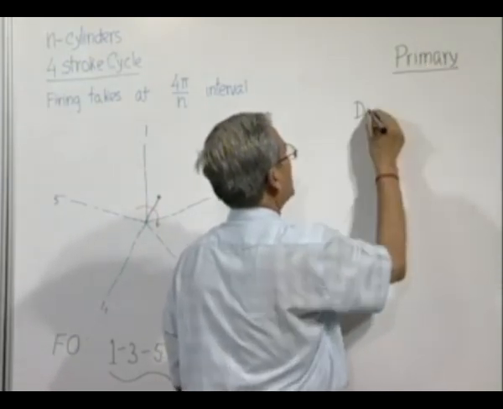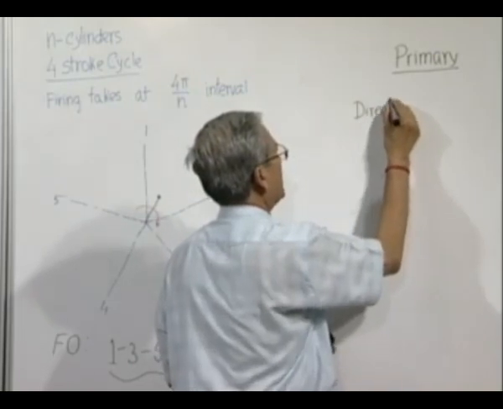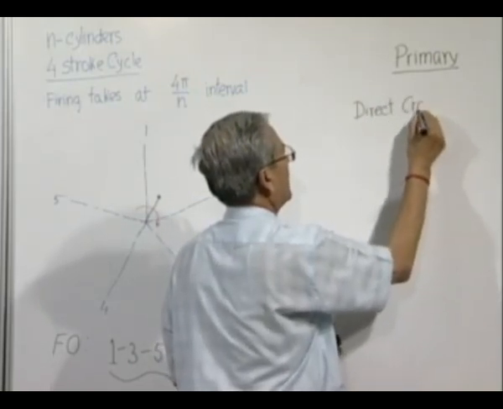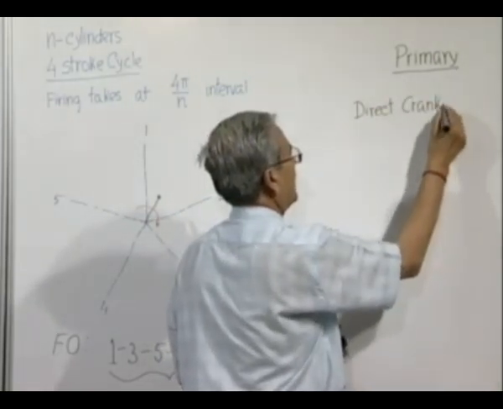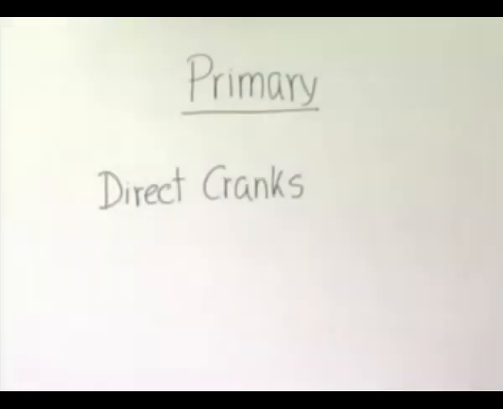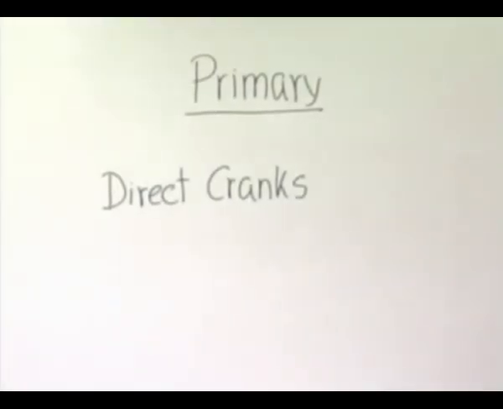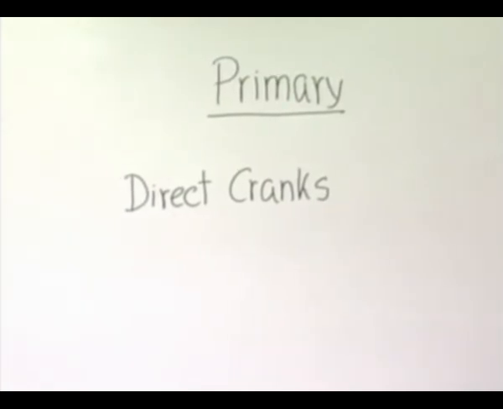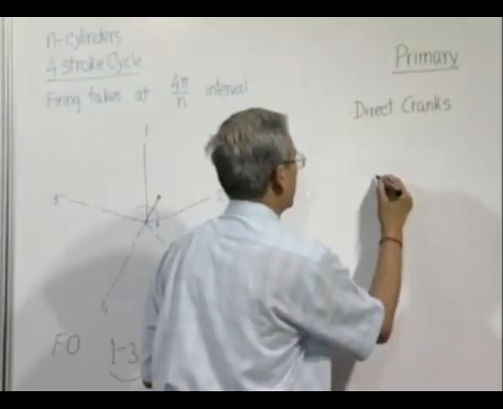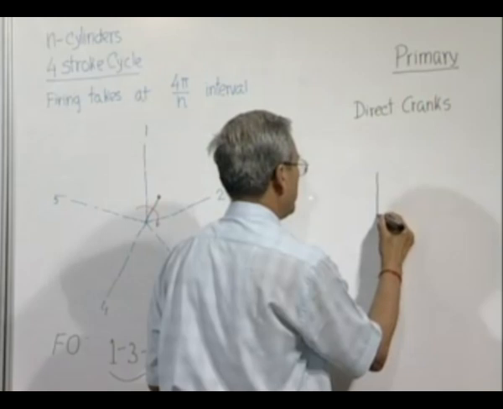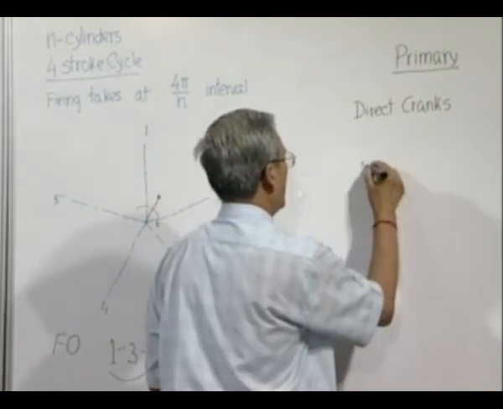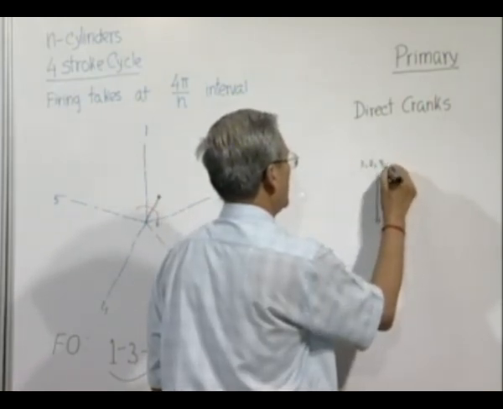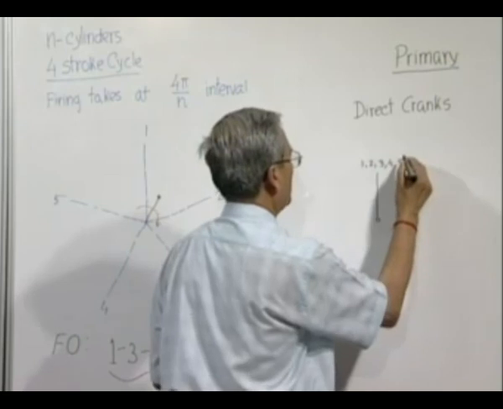Primary unbalanced. So direct cranks. You know the direct cranks are nothing but the actual crank. So for cylinder 1, cylinder 2, cylinder 3, the direct crank is the same. 1, 2, 3, 4, 5.